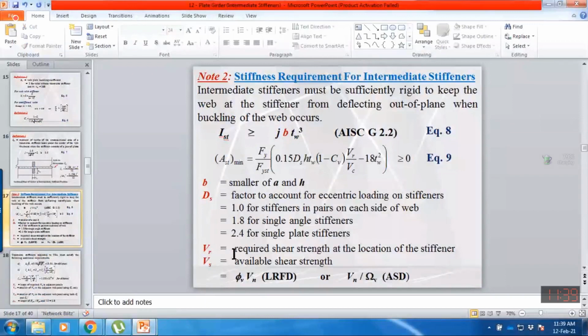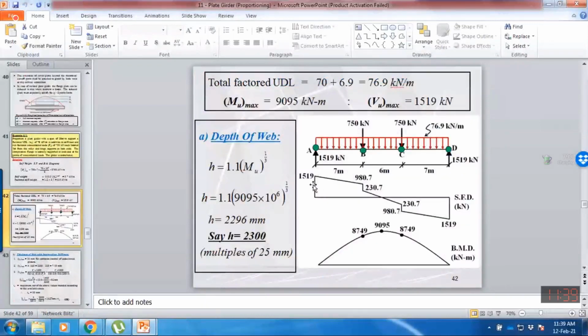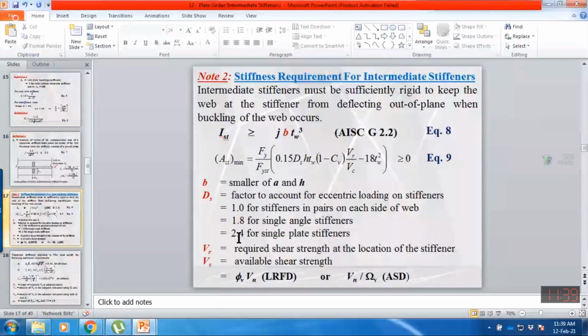And Vs is available, meaning the shear strength provided by the web alone. If the web alone is providing shear strength of 519, it means that we must increase the shear strength by another 1000 value. But anyhow, this equation is no more being used.